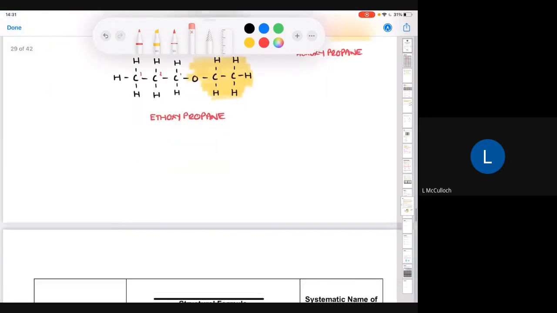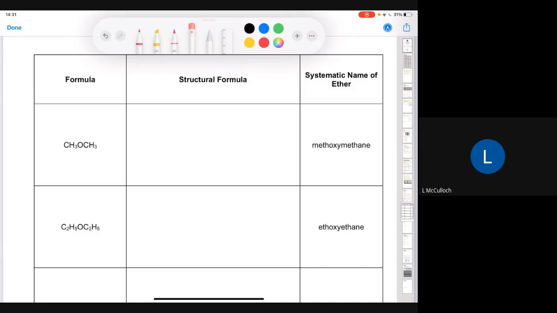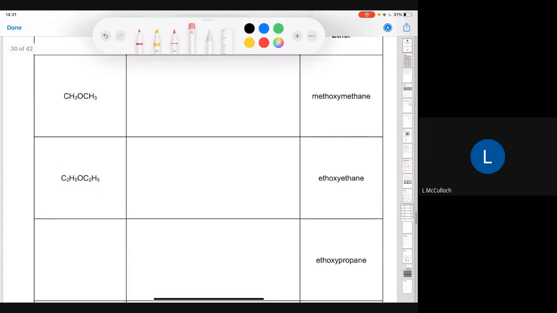Okay, so what I've got here is a little page with some different formulas, names, and then spaces for diagrams or formulas. So what I'm going to give you guys is just a couple of minutes, maybe like 3 or 4 minutes, to have a go at the first 3 rows in the table.